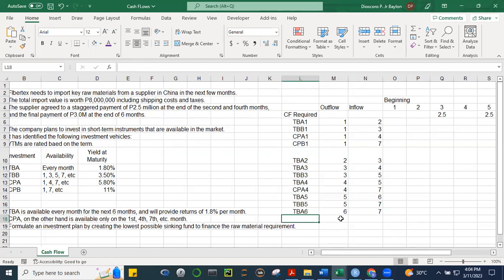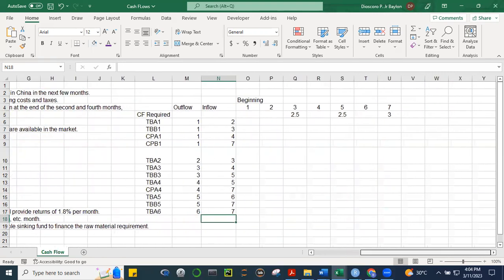If we invest in TBA 7, it will mature on the 8th month, right? But our window is only up to month 7. So we're not anymore interested in what will happen at the beginning of month 8. We're only interested up to the beginning of month 7 because that's the time that we will have to pay the balance of 3 million.